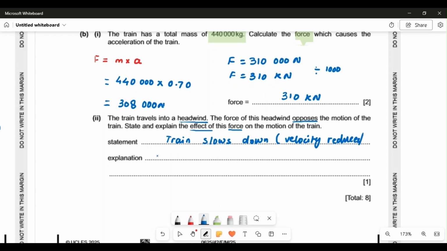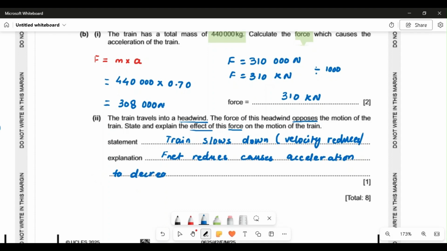How does this happen? We know that because of the opposite headwind force, net force will reduce. Net force reduces due to the headwind, that causes acceleration to decrease.